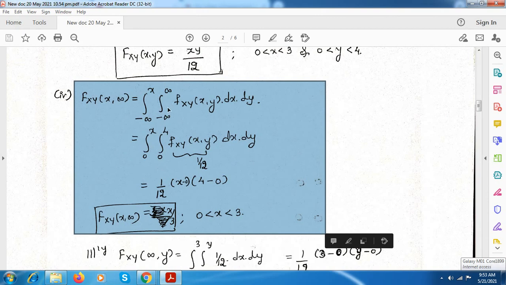So just take down this same formula, but here y is equal to infinity, and the range they have given is from 0 to x, because the lower limit is 0, the minimum value in the given range.